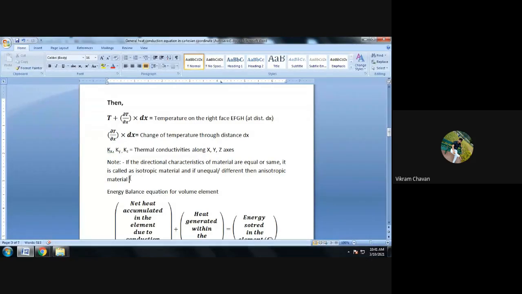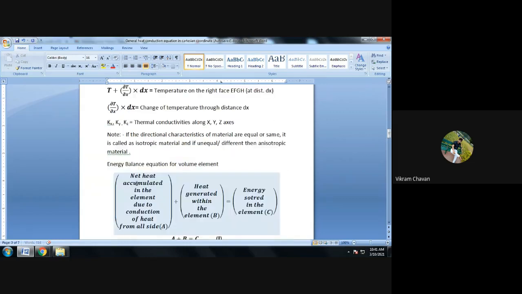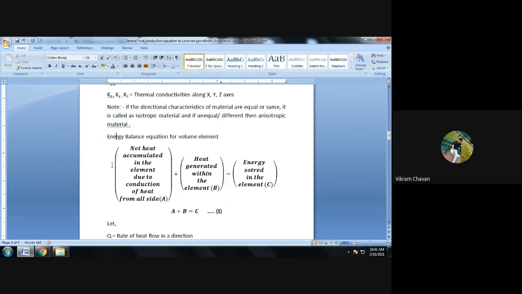Further, the energy balance equation for the volume element.